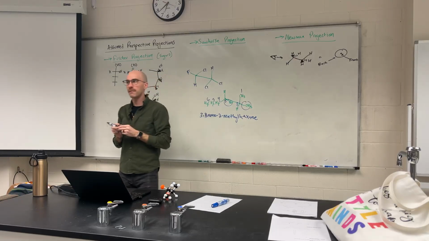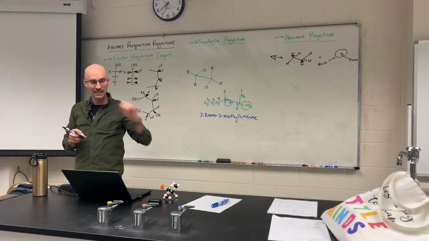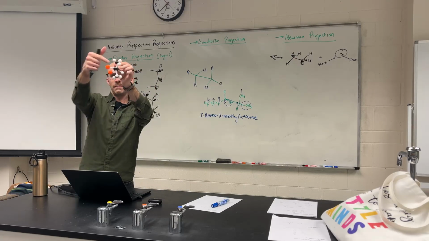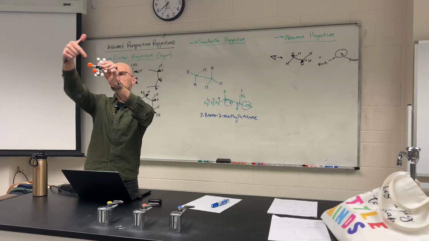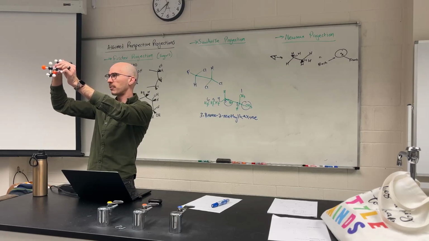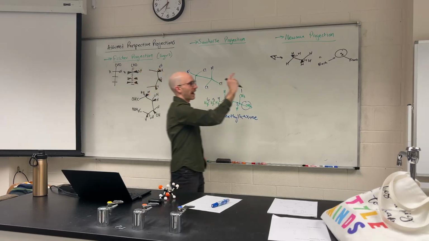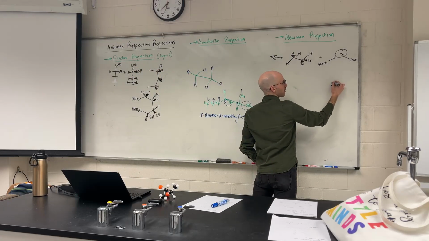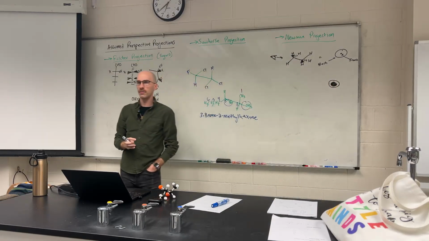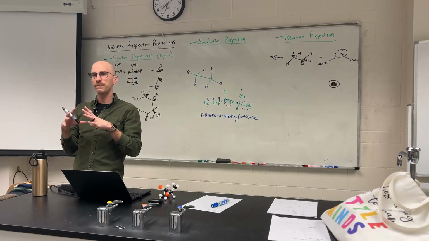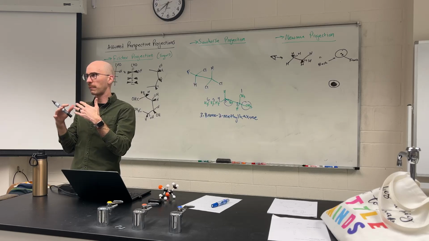I have found students don't always like that the front carbon, the carbon that is quite literally obstructing the view of the back carbon, is so small and that the back carbon is huge. So sometimes they'll draw this with the front carbon being huge and then the circle for the back carbon, to help them orient themselves a little bit better.